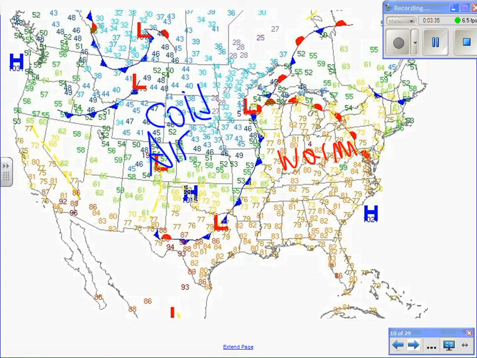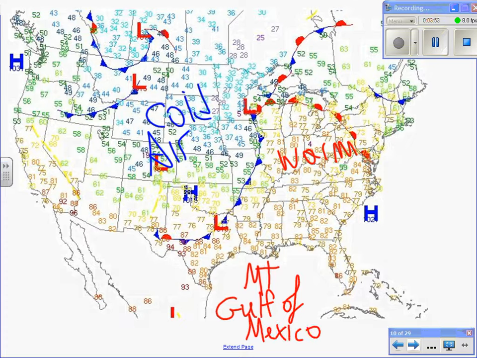What is the source or the name of the air mass? Okay, so the air mass here would be mT, Maritime Tropical, and the source would be the Gulf of Mexico. Okay, and it's moving in this direction, towards the north.